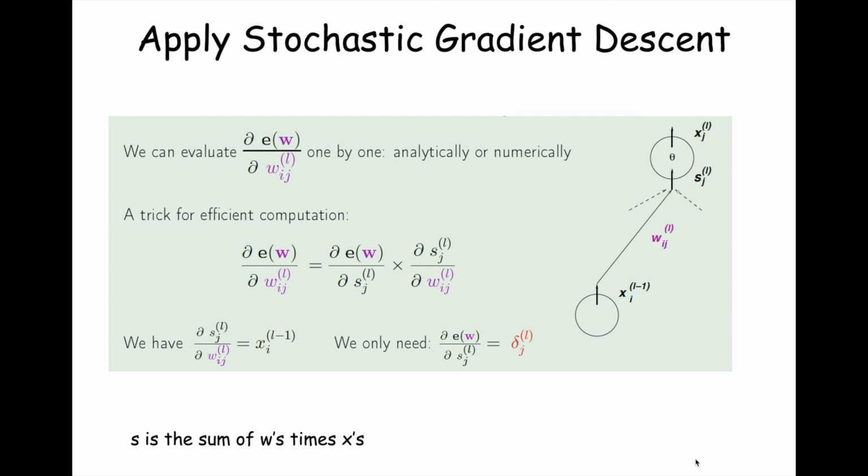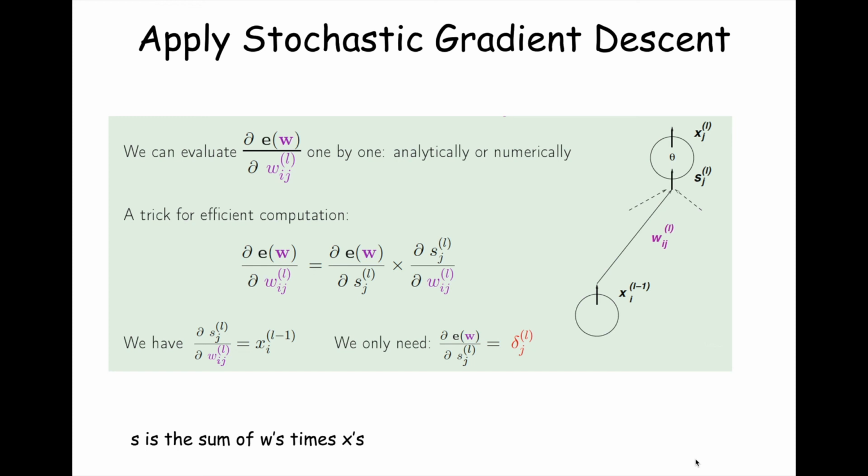So we need the derivative of that soft threshold. What's another way to say that? Well, we need the partial derivative of the error with respect to that signal, because that signal is linked to the output, which is related to error, by this threshold. Does that make sense? Any questions about this?